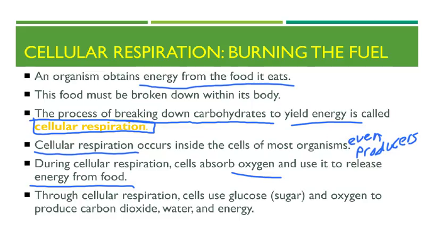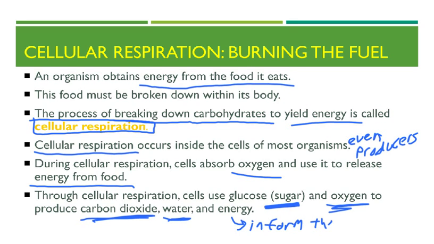So cells use a sugar, glucose, which is a carbohydrate made by the plants, and oxygen to produce carbon dioxide, water, and energy in a form they can use. That's because the cells can't use light energy to power themselves. They can't use the chemical energy exactly how it is stored in a sugar. They need to convert that stored energy into another form of energy. We're not going to go any farther than that right now. Next year, you'll really dive into that.